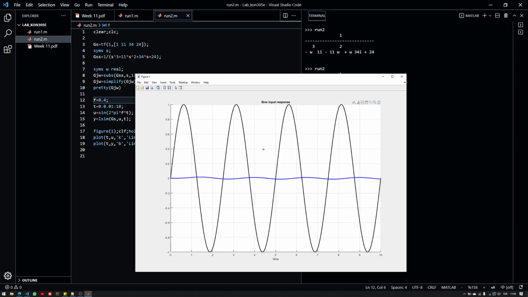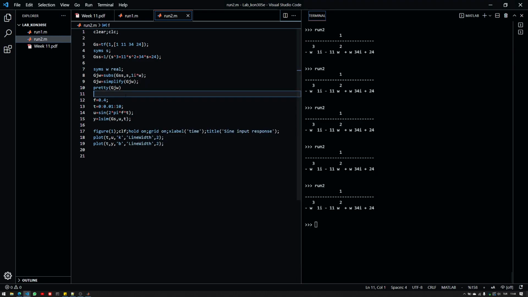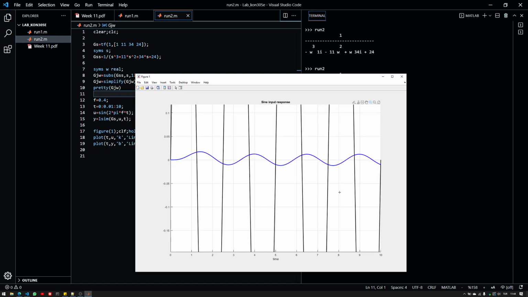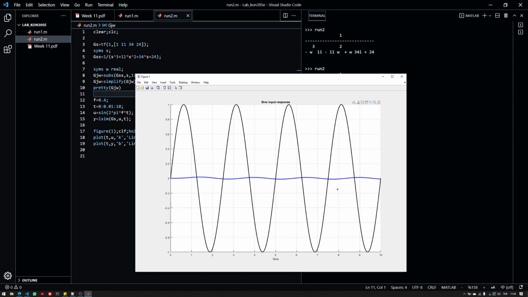We see that sine type inputs are still sine type outputs. So if I have a sine wave as an input, I will have another sine wave as an output. But there's a difference. Now, the difference here is that we have a different magnitude, for example.